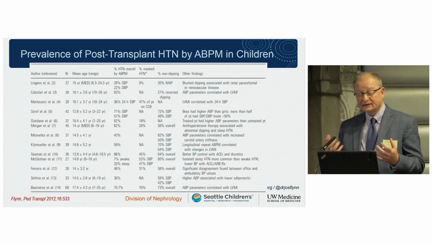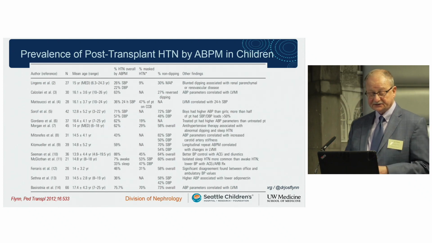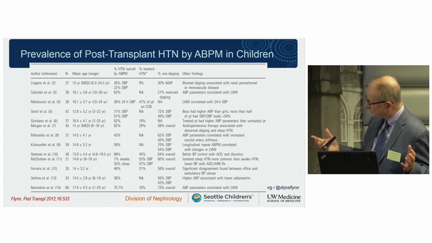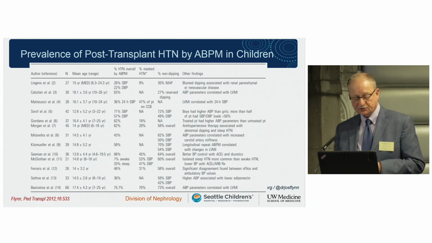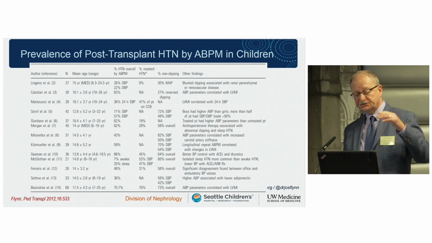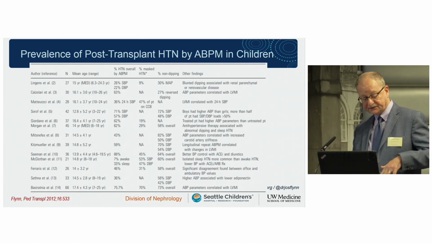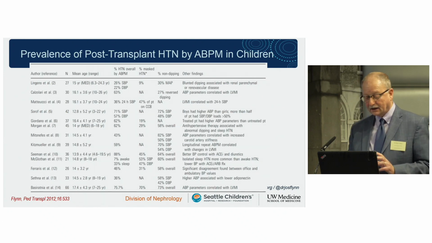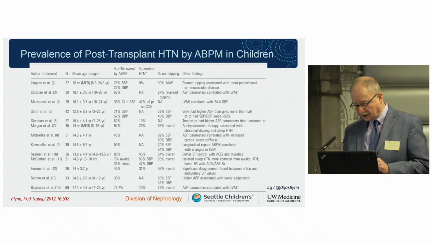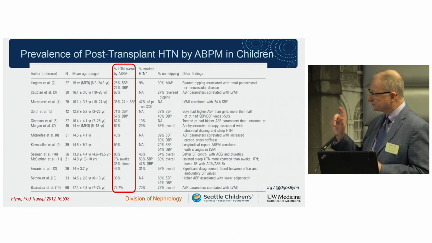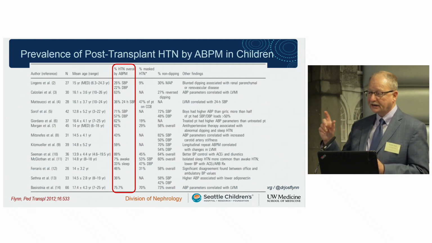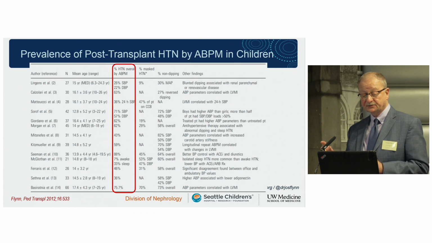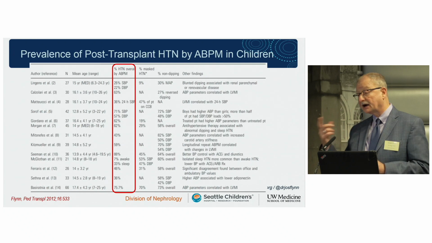And so when you look at many studies that have been done since then, you come up with a table like this that I published in an editorial a few years ago, which goes over multiple studies that have been done up to that point. It's a little old now. I have to update it. But just to show you a few points on this table, if you look at the percentage of patients who were hypertensive by ambulatory monitoring, it ranges from about 25% to almost 90%.